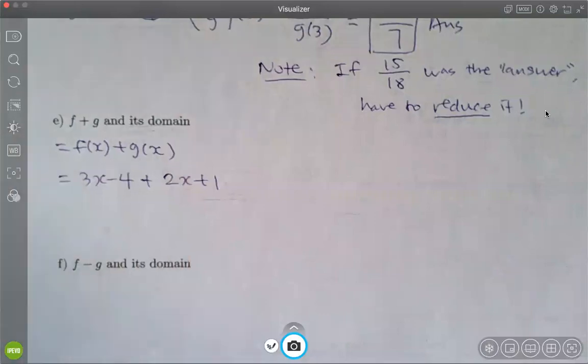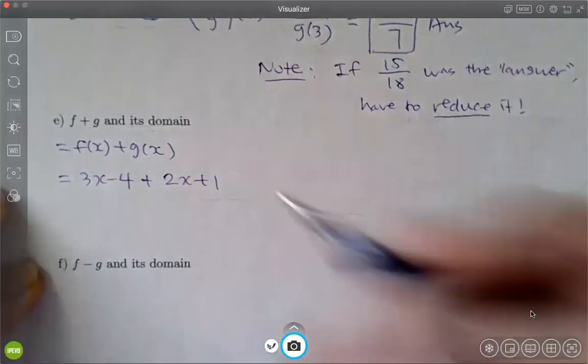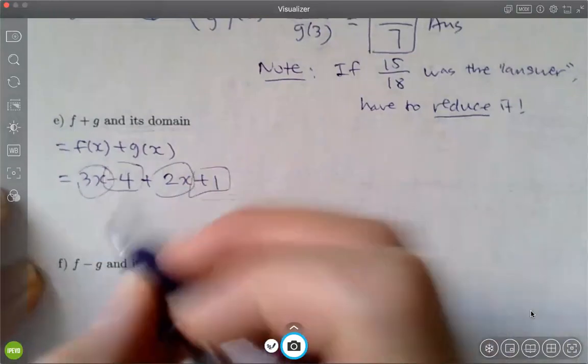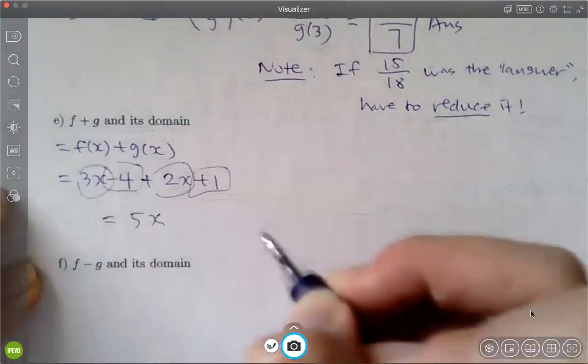Now remember, you always have to check whether you can simplify some expression at the end. Here, can we simplify this 3x minus 4 plus 2x plus 1? Yeah, because they are like terms. So what does that mean? Combine these two and these two. What do you get? 5x minus 3, right?